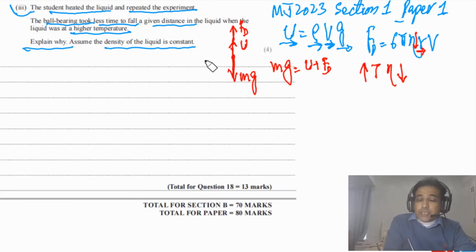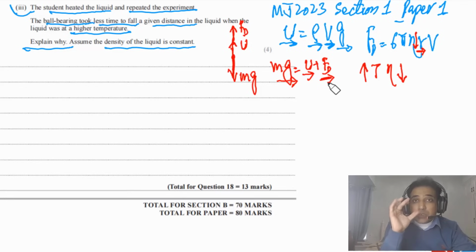So when it is falling at terminal velocity, as this remains constant, this also has to remain constant. This is the logic for why drag force has to be constant, because most of you will be struggling with this one. So drag force is constant. So if viscosity goes down, this quantity is constant, so the velocity has to increase.